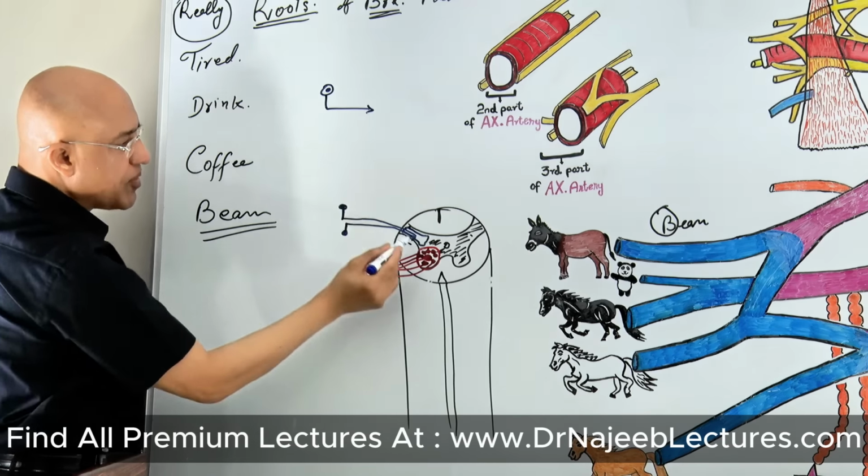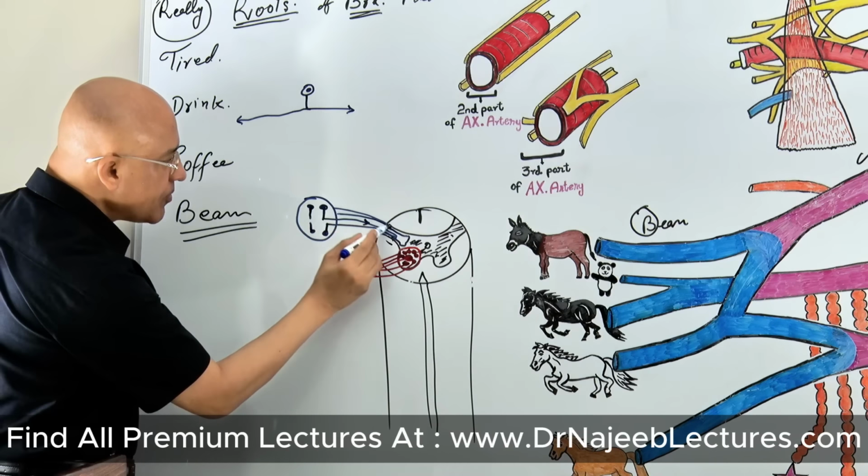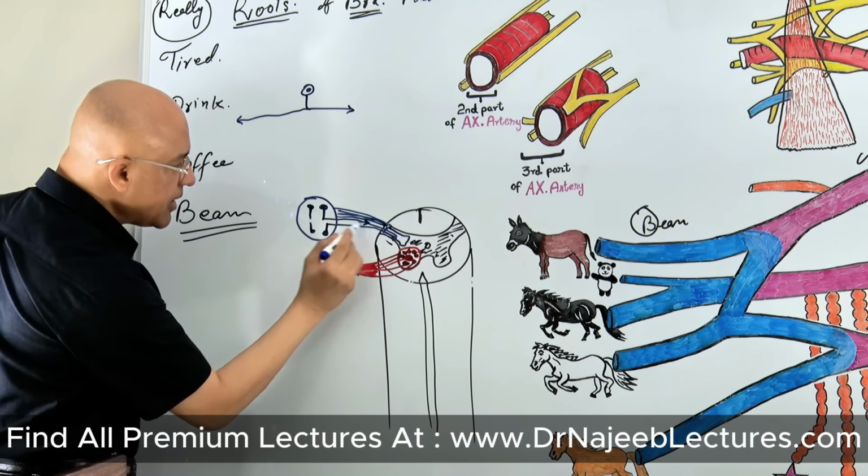Now, this collection of cell bodies which are outside the central nervous system is called a ganglion.